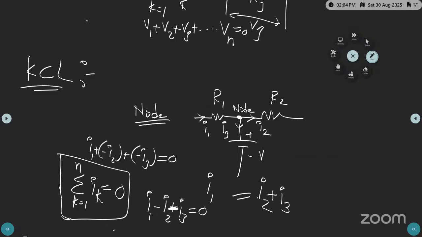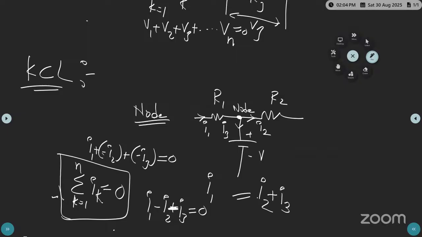It means I1 plus I2 plus I3 plus I4 is equal to 0, where I2 and I3 are minus. Why are we taking this as minus? We consider current entering as one direction and current leaving as the other direction. Current entering is plus, current leaving is the other direction, so we have taken minus. Otherwise, you can add them, and the sum will become 0.